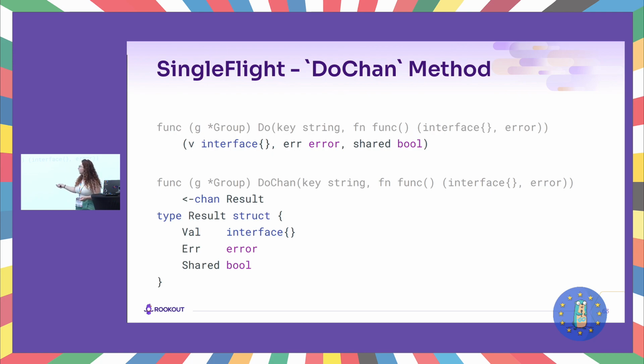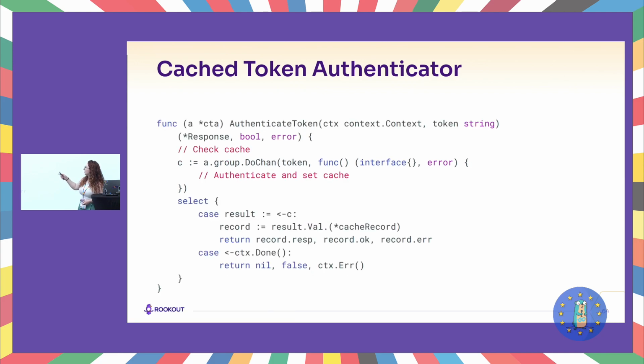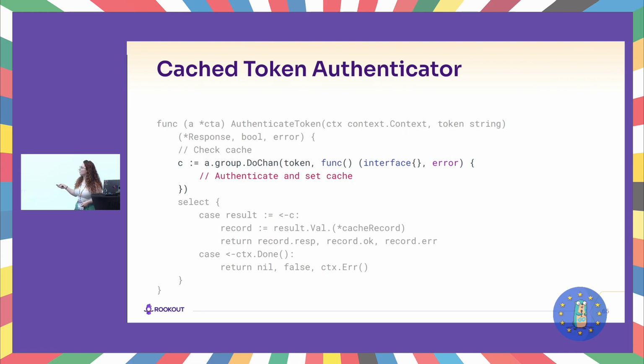So what we can do here is the same thing, right? We're going to check the cache, and then I kind of wanted to shorten this, so I just added those comments. But we're going to check the cache, and then instead of calling do, we're going to call DoChan and do exactly the same thing inside that function. But we're going to get a channel back. And then what we're going to do is call select. And what will happen here is the first of these 2 cases will be the one that is called, right, or entered.